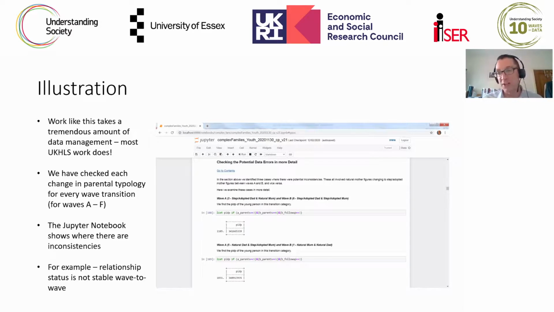And what we're trying to do is to bring that out into the open, to show this through the process of recording and documenting this in something like a Jupyter notebook that we want to then make available to people, so that particularly if you're a new user of these data, you won't necessarily know this. It's about building that kind of social science infrastructure and passing on that knowledge to others.